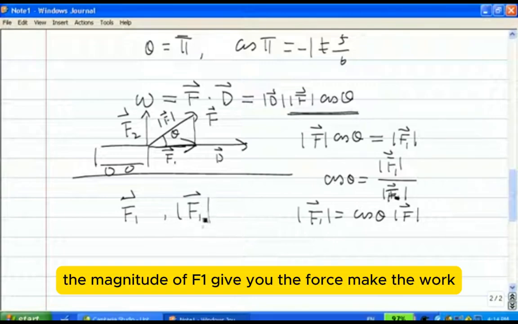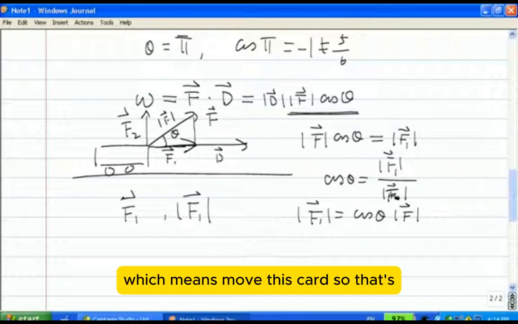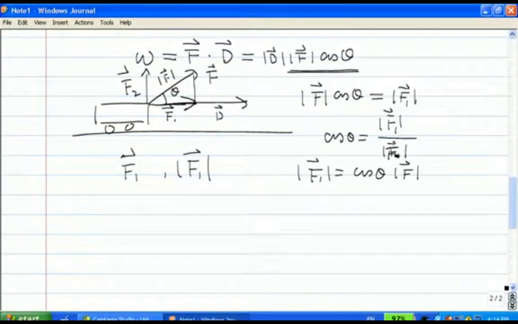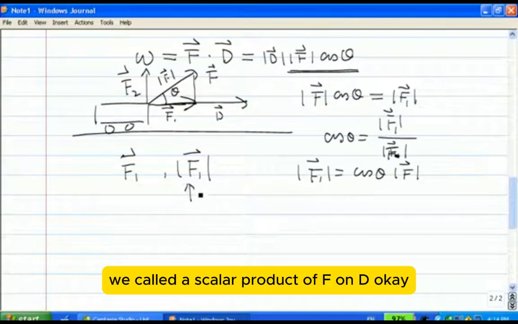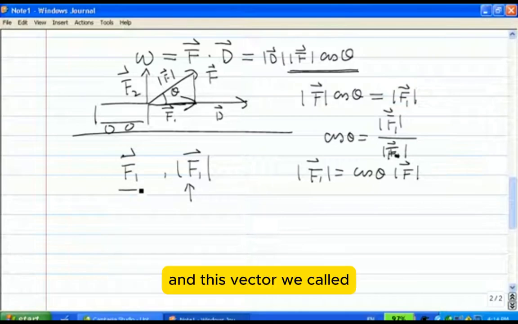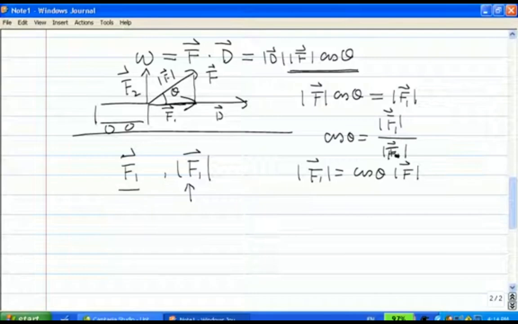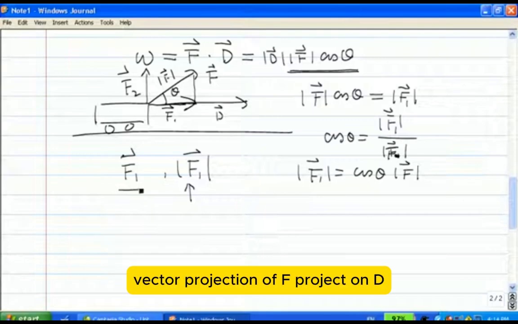The magnitude of F1 gives you the force that makes the work, which means moving this cart. We call this the scalar product of F on D, and this vector we call the vector projection of F projected on D.